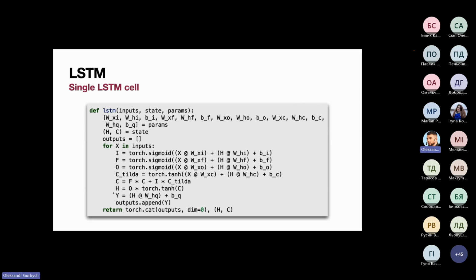And then we make our prediction from this new hidden state by multiplying it by a corresponding set of weights and biases. Here we have Y hat, our prediction candidate that we will further compare with ground truth and compute loss. Here we return to the next step of LSTM our outputs, Y hat, and our hidden state and cell state.